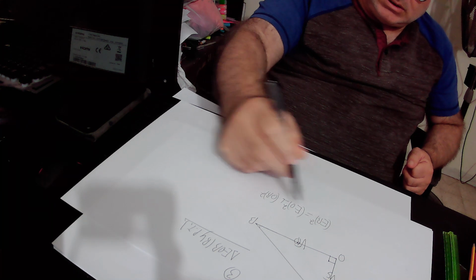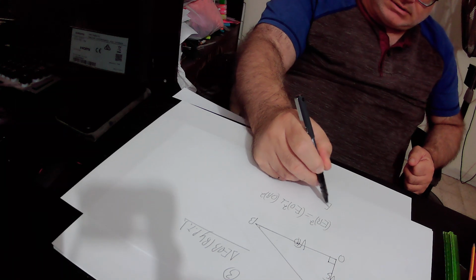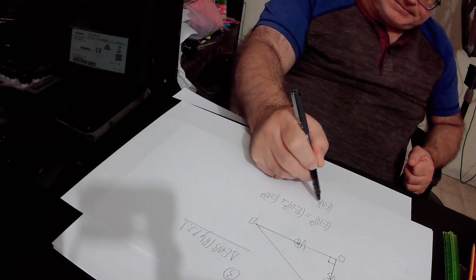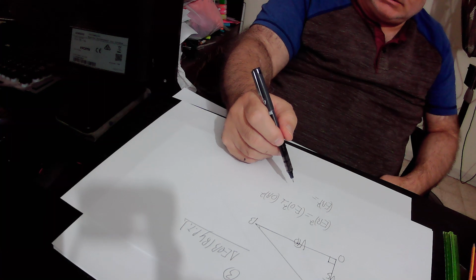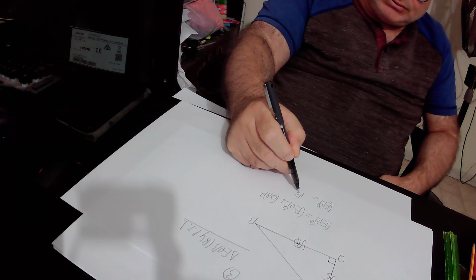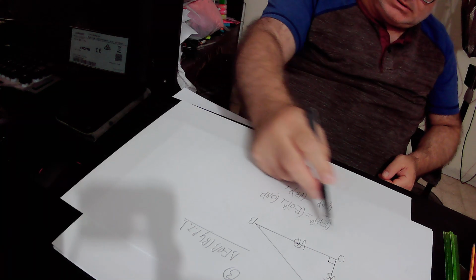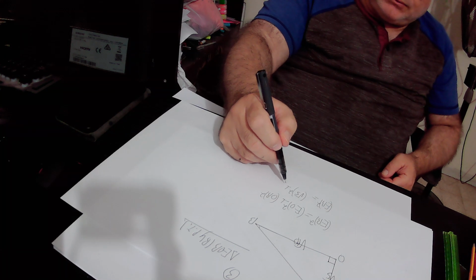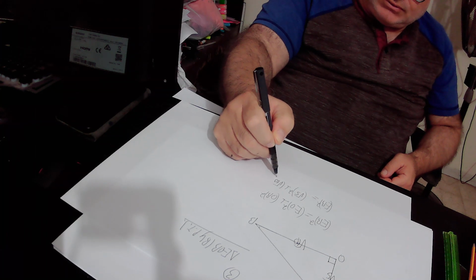We found that EB squared equals EO squared plus OB squared. EO equals the square root of 5, therefore EO squared equals the square root of 5 squared, plus OB squared. OB equals the square root of 10 units, therefore OB squared equals the square root of 10 squared.